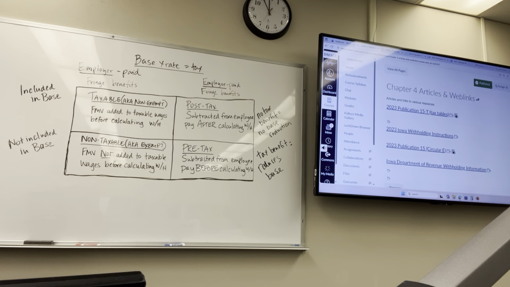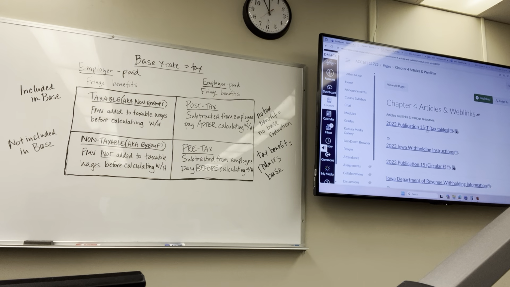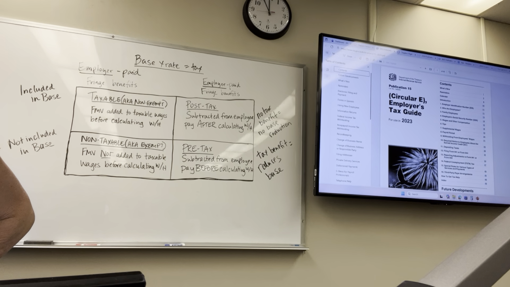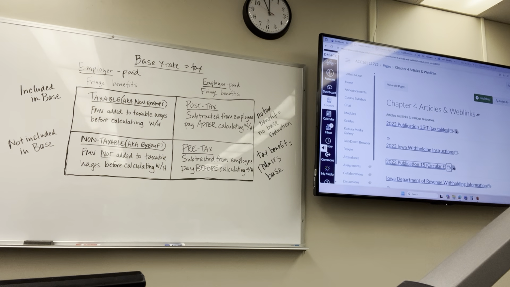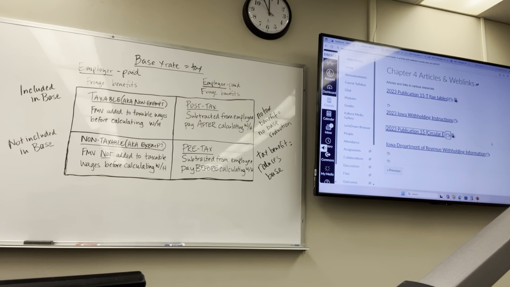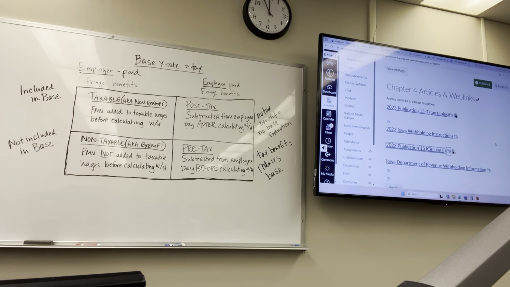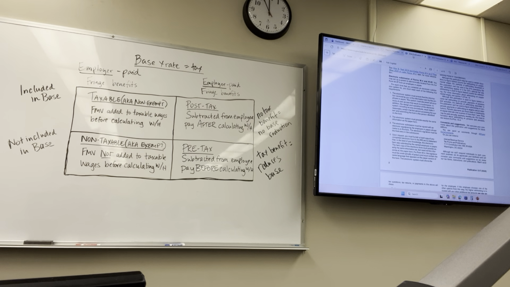Actually, I've got the old one, 2023. Let's see what it actually... I've got to update those. Oh, it does go to 2023. I'll update those. They need to be for 2024, so I will update those links for you.